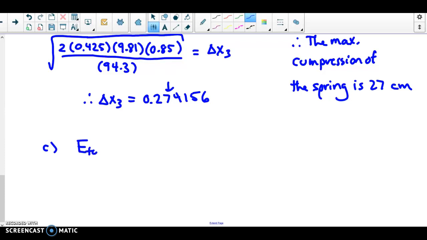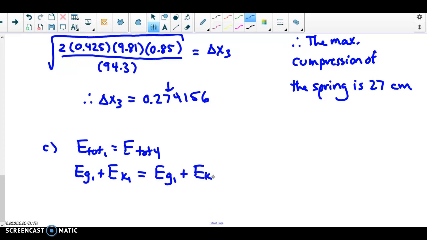The total energy at point 1, which is what I was given, is still equal to the total energy at point 4, since I have nice frictionless surfaces, no losses there. I've got some gravitational potential energy to begin with. Partway up the ramp, I'm going to have some potential and kinetic energy. Kinetic energy, gravitational energy as well.